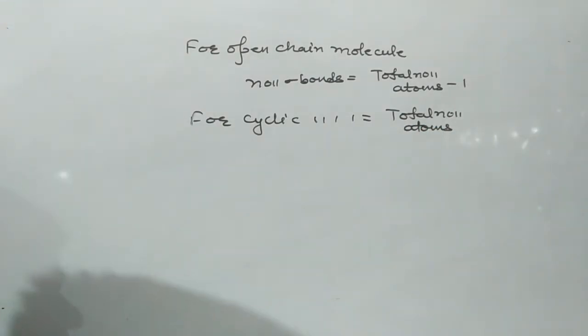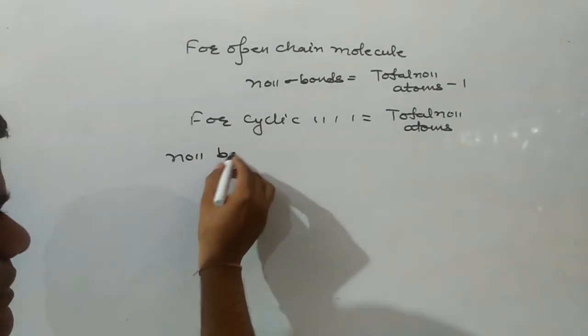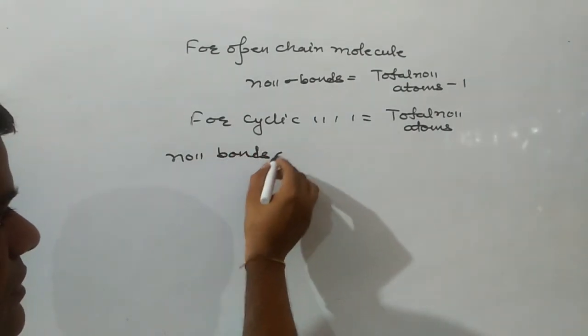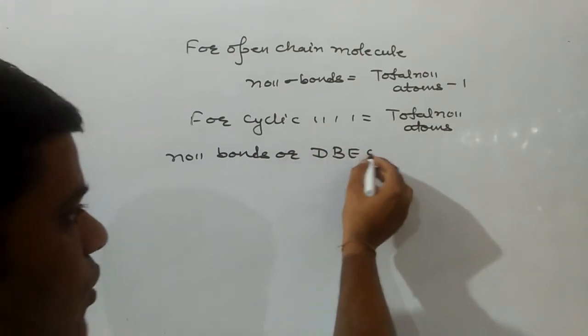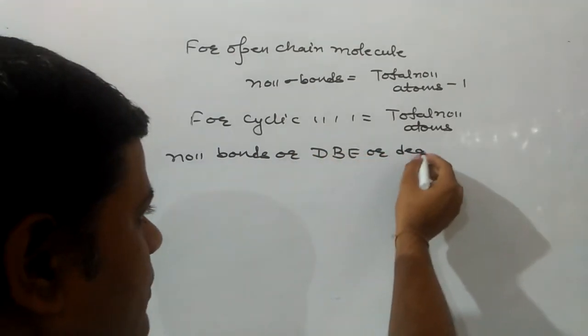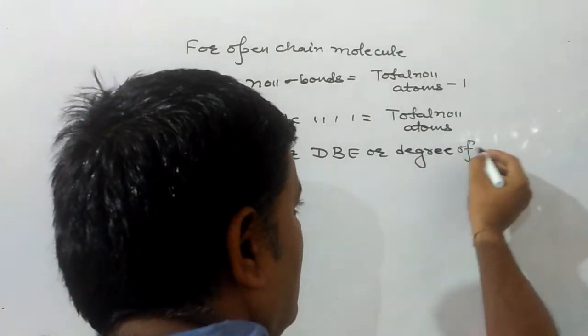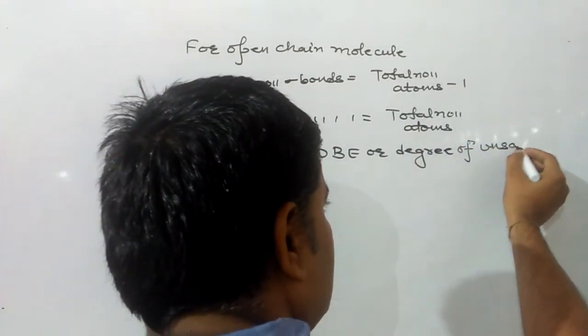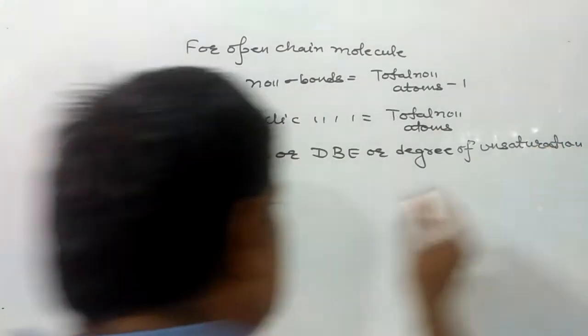Now we have to find out the number of pi bonds, or double bond equivalent, DBE, or degree of unsaturation of a molecule.